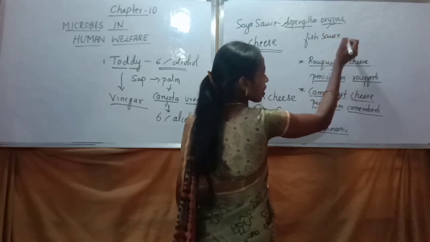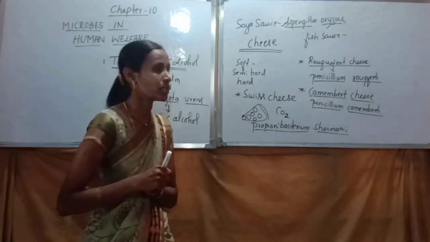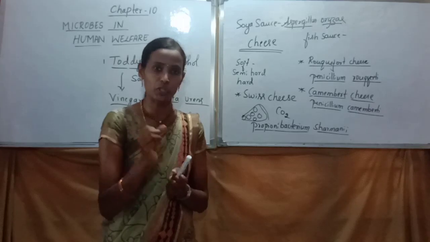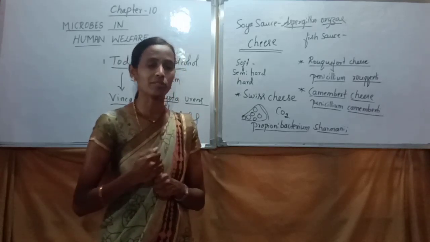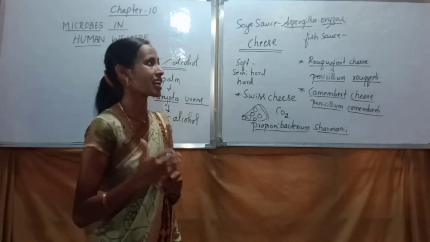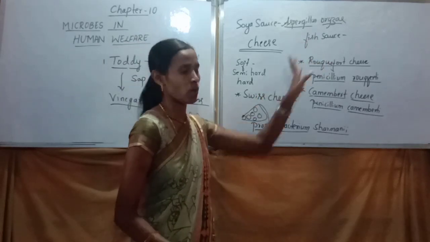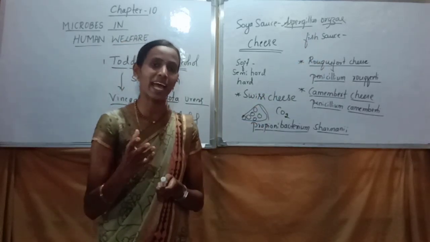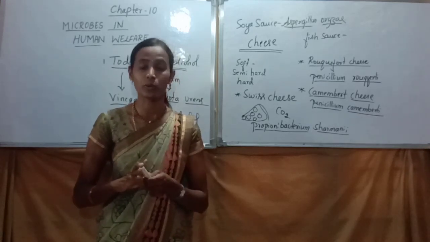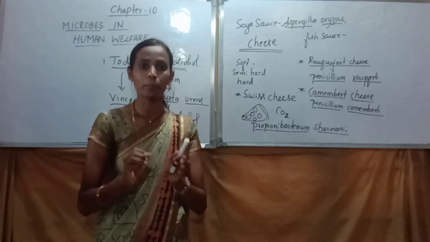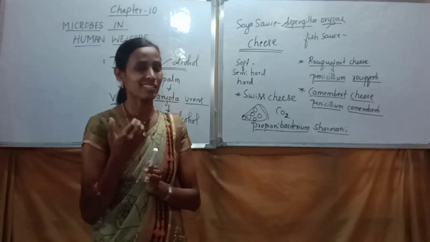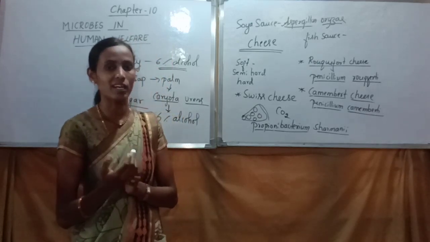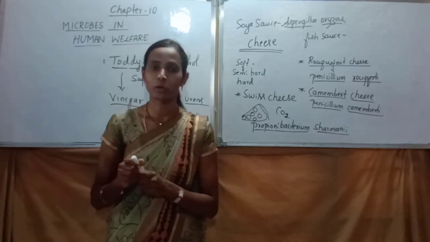This fish sauce is obtained from different microbes like Streptococcus, Micrococcus, Bacillus, etc. And in the fermentation process of bamboo shoots, the lactic acid bacteria are mainly involved. So these are certain household products where the microbes play an important role.